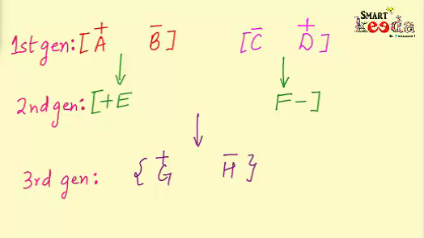The couple A and B has a son E, and the other couple C and D has a daughter F. Now we can see that both E and F are in a square bracket, which means that they too are a married couple. Now we can represent that AB, CD and EF are married couples.